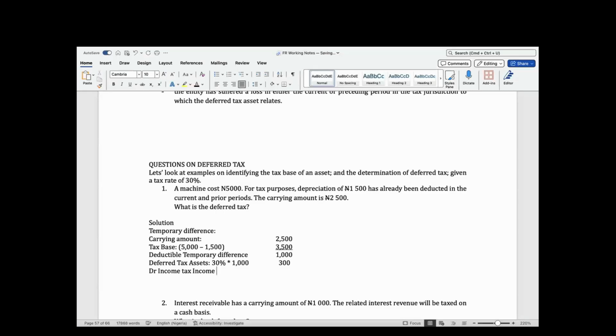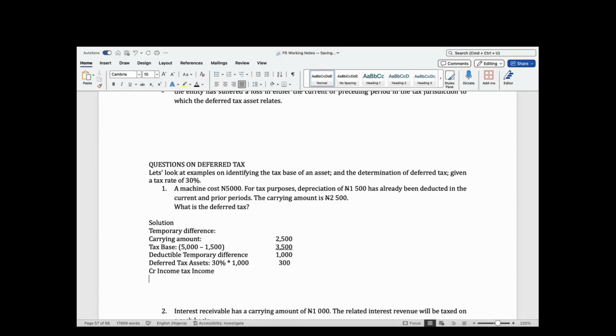But since it's an asset, it's not going to be a debit, it's going to be a credit. It will not be an income tax expense. It will be an income. Then I debit my deferred tax asset with this 300 naira deferred tax.